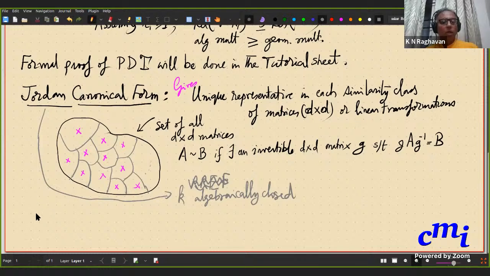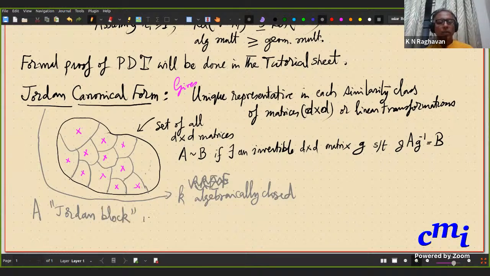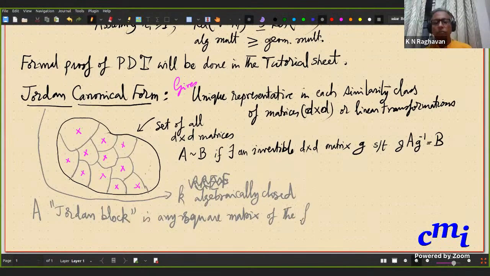A Jordan block is any square matrix of the following form.